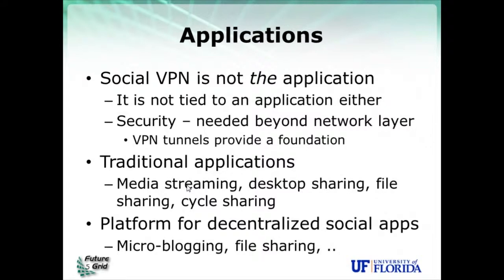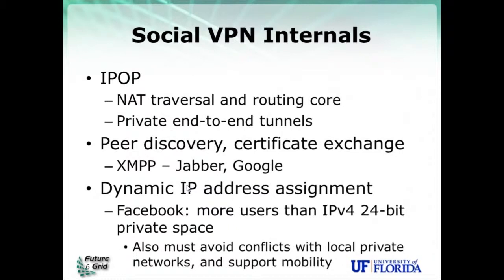So traditional applications like streaming media, sharing desktop, remote login, file sharing, cycle sharing, opportunistic computing would work in this environment. And it's also a platform that can serve as a basis for the creation of interesting new decentralized social applications, such as a decentralized microblogging system like Twitter, or decentralized file sharing with trusted peers.